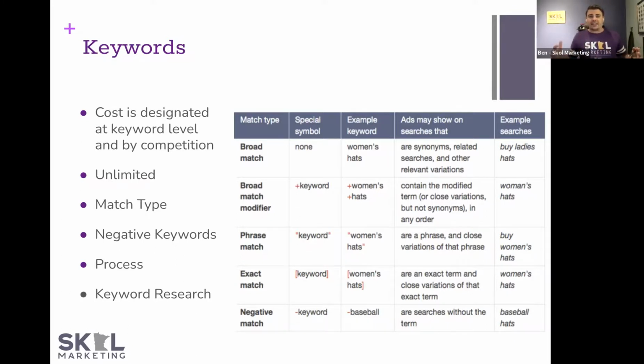So some specific examples: if you're selling fancy Kentucky Derby type of women's hats, you don't want anybody looking for baseball hats. So anytime someone types in baseball in their search, Google will say, okay, I'm not going to show your ad. A lot of times I recommend that if you're running ads, you automatically put in words like free, cheap, inexpensive, affordable.